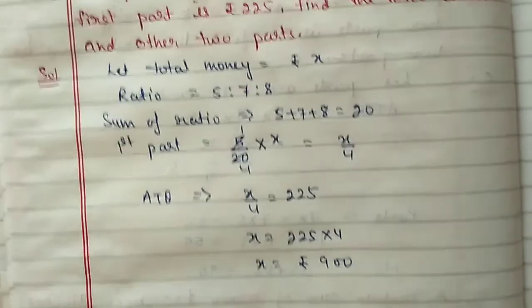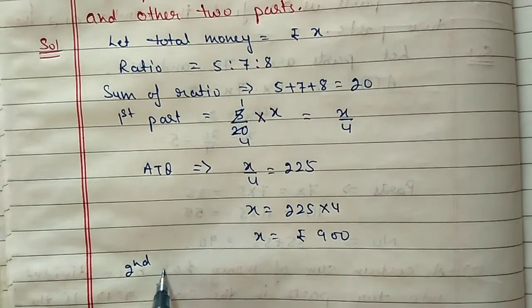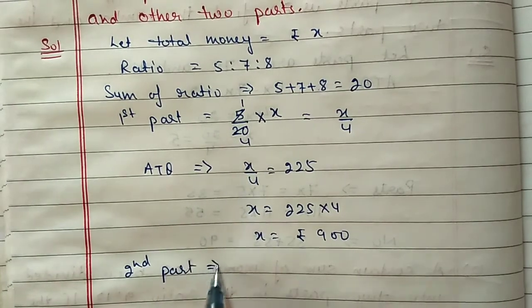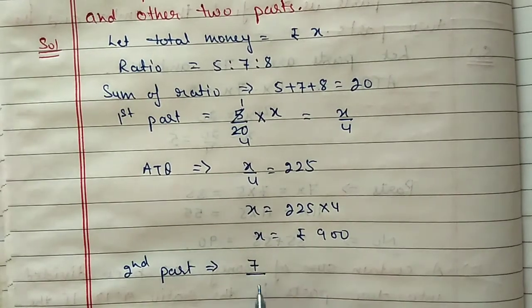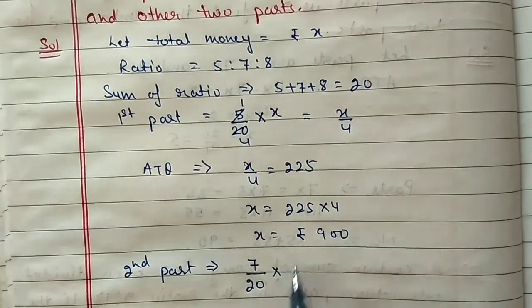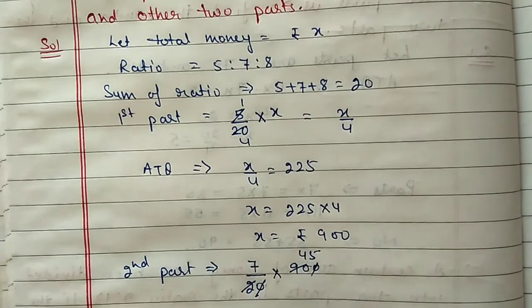After getting the total money, we can find out the second part. The second part is equal to the second ratio. The second ratio is 7 divided by the sum of the ratio, which means 20, into 900. 0 to 0 you can cancel, and 45 times.